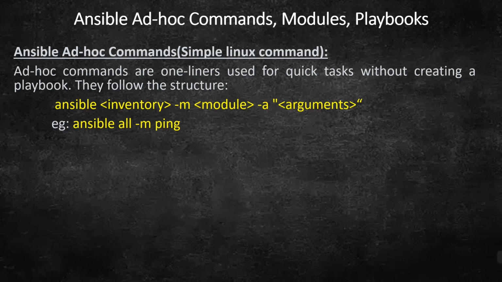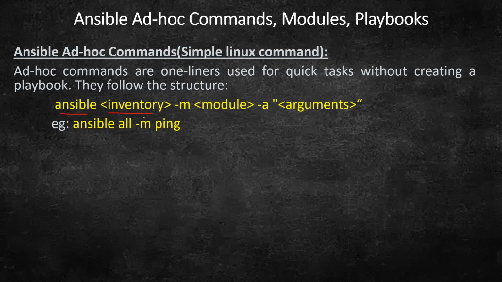So without creating a playbook, if there is any requirement for a quick action, a quick task, we will go for a simple Linux command, or we can say an Ansible ad-hoc command. This is one of the examples you can see here: ansible, then the inventory.